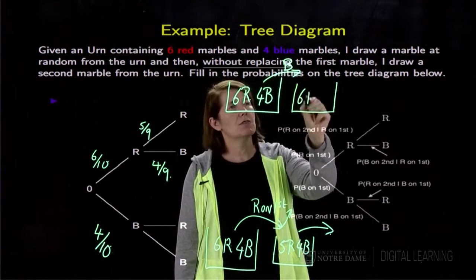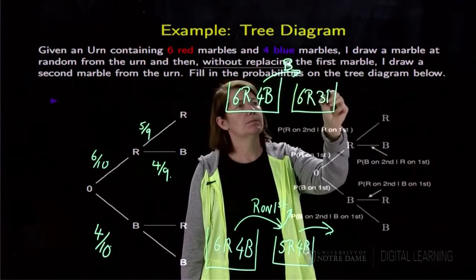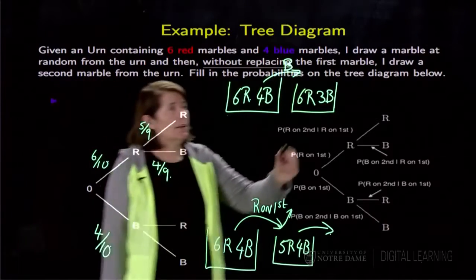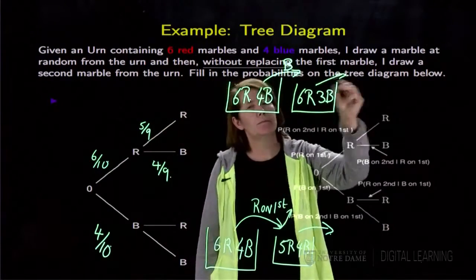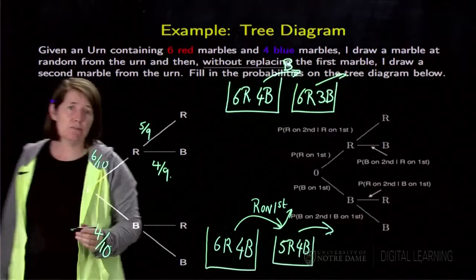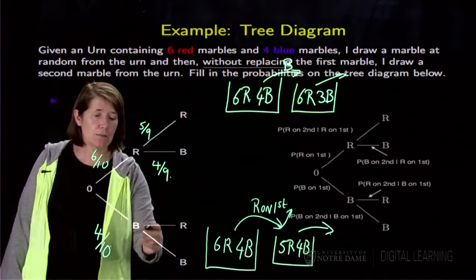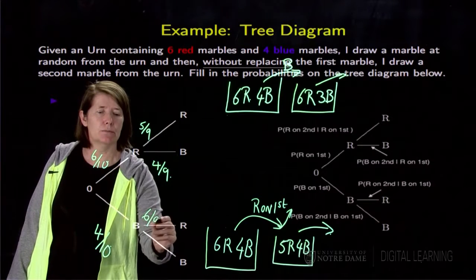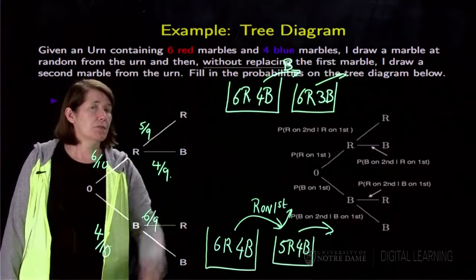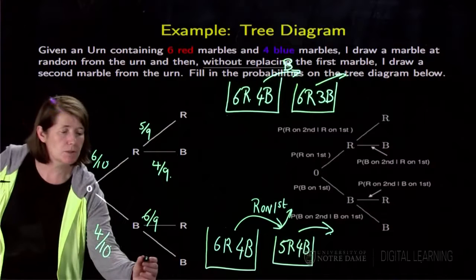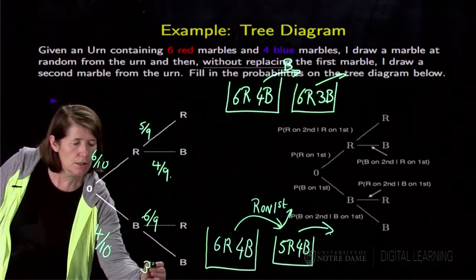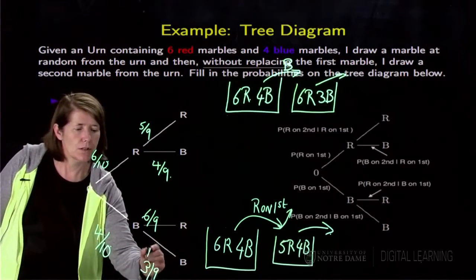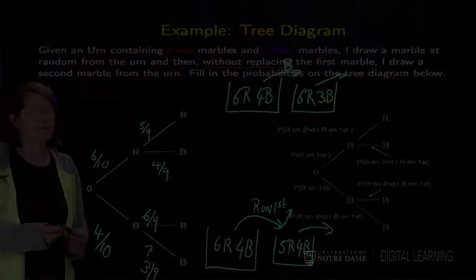So now I have 6 red and 3 blue in there. So when I draw marbles from the urn again, on the second draw, I have 6 red out of 9 marbles, so the probability of a red is 6 out of 9. And I have 3 blue out of 9 marbles, so the probability of a blue is 3 out of 9.